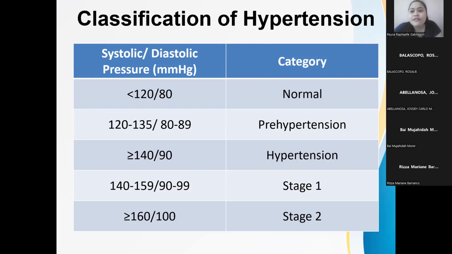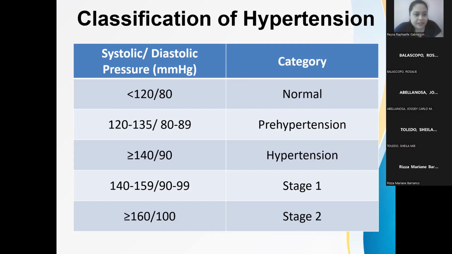Now, how about if your blood pressure is 110, but the diastolic is more than 80? Are you considered normal for that? Or do you have a normal blood pressure if your systolic is 110, but the diastole is more than 80? Normal or not? No, ma'am.